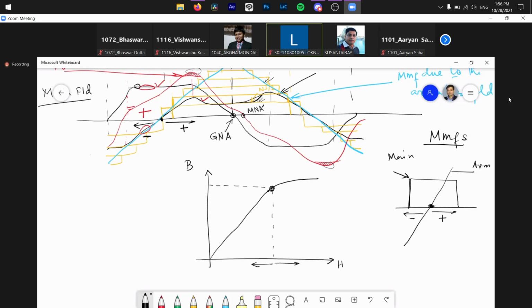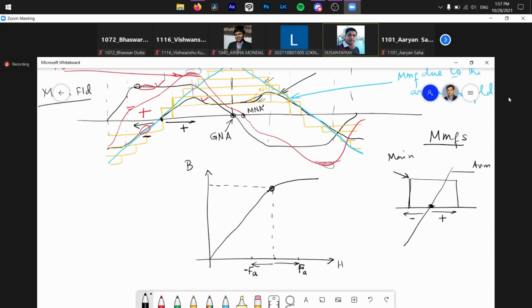Now, suppose this is your operating point. If you have added something, and if you have subtracted the same amount, will you get the net effect the same? No, sir. Suppose you have added this amount of armature MMF, suppose this is FA, and this is minus FA.